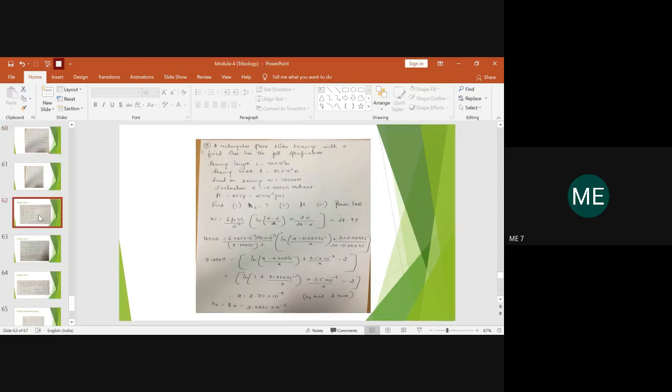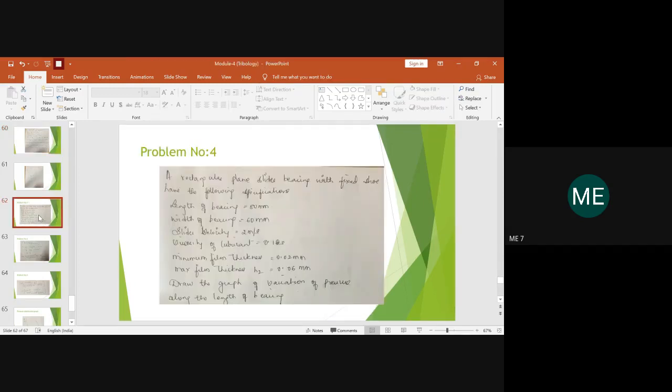I'll give this numerical problem and one more as an assignment with the derivation part. You can solve it and give it back to me, because here I have missed out the value of U. I will cross check and give it. So this is the way to solve the problems. You can get two types of numericals.